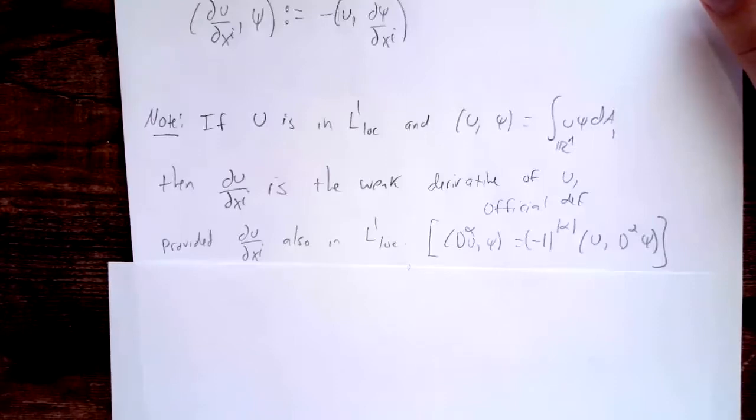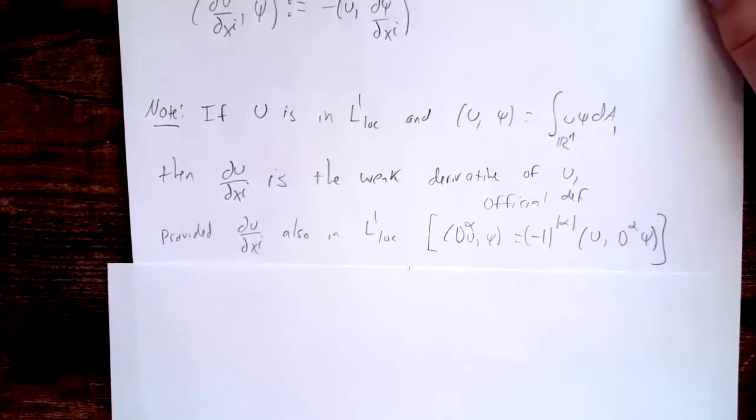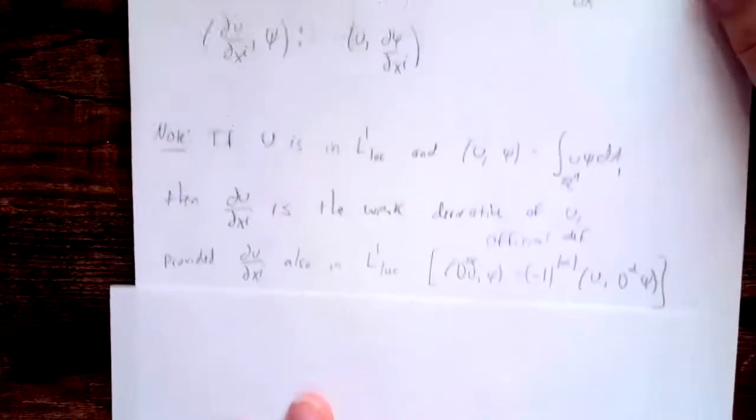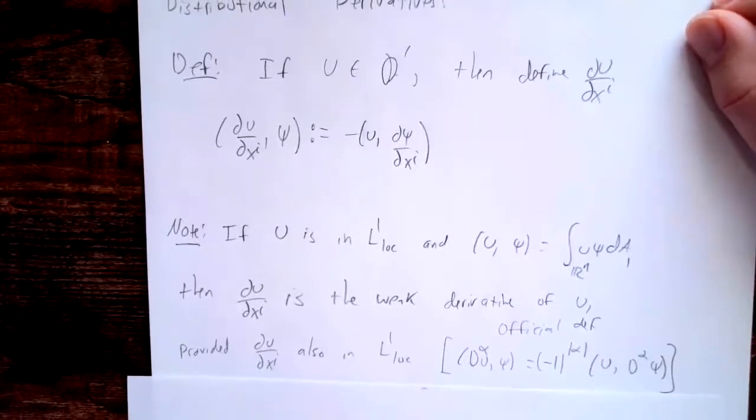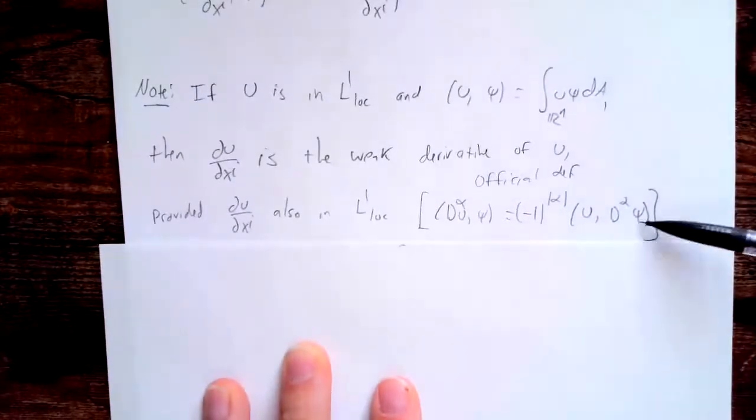So here's the official definition: however many partials you take, multiply by -1 that many times, and just bring all those partials to the other side of the equation. I mean, when you look at this, you think, what's going on? But you have to remember, it's just this. However many partials in whatever coordinate directions you've got, just switch them all over. And every time you switch it, add a negative sign. And then it reduces to this big formula.